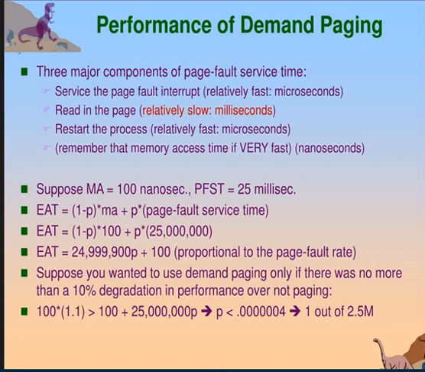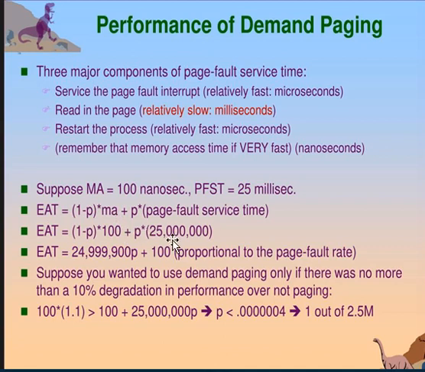Now here we are taking an example. If you take an average page fault service time of 25 milliseconds and a memory access time of 100 nanoseconds, then the effective access time in nanoseconds is EAT equals (1 minus p) times 100 plus p times the page fault time, that is 25 milliseconds.